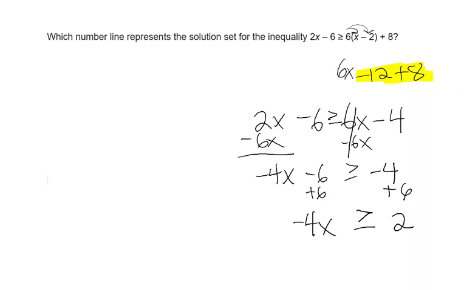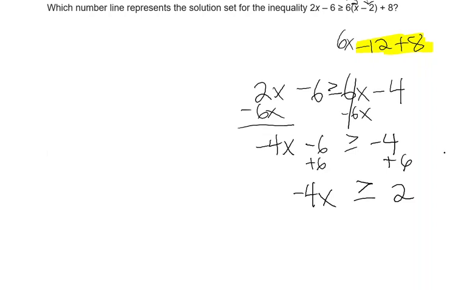This is going to give me the one scenario where it's different than solving an equation, because you actually have to reverse the sign of the inequality symbol. When you divide or multiply both sides of the inequality by a negative, the sign reverses. And that is the most common mistake, is people that do not remember that rule.